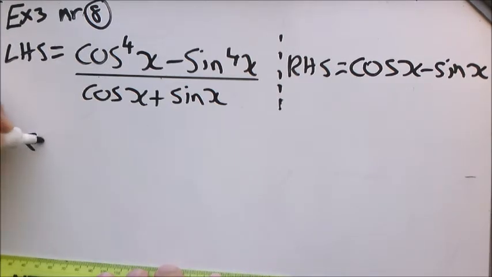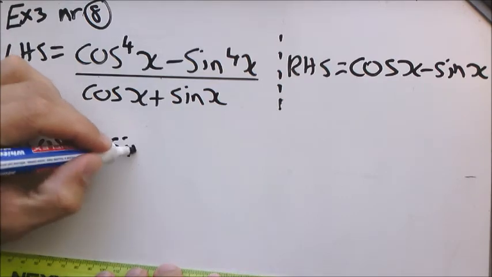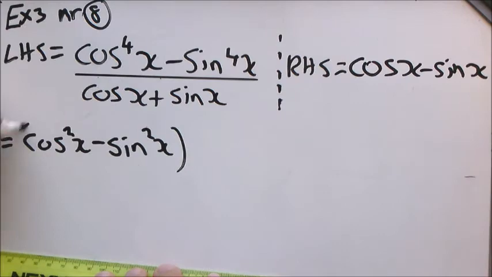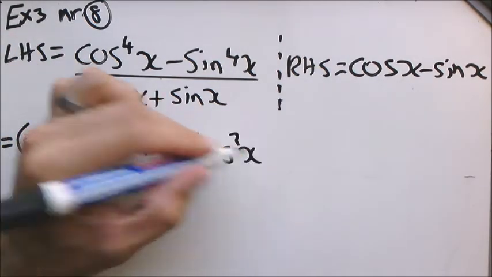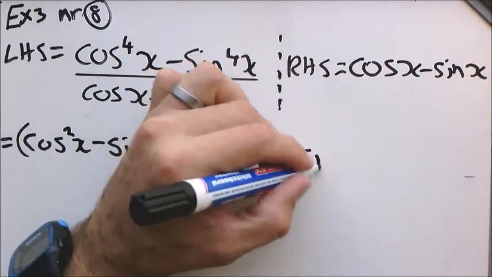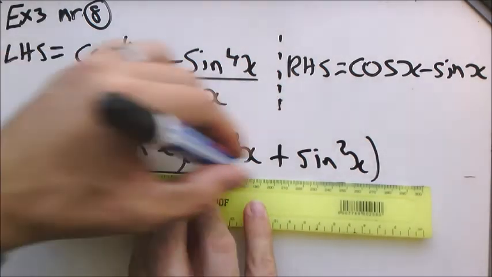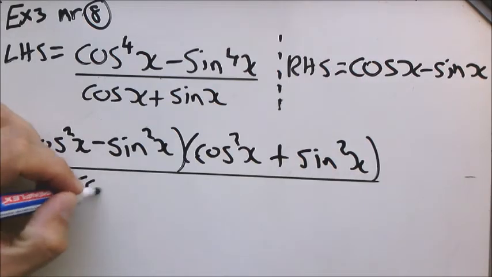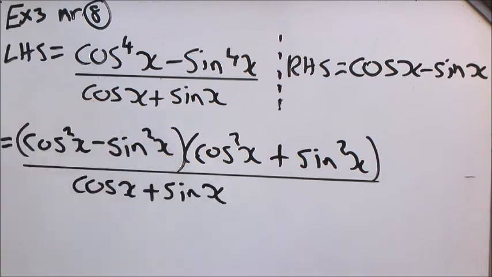So it will become cos squared x minus sine squared x times cos squared x plus sine squared x. The denominator we leave as is. We cannot simplify that one.